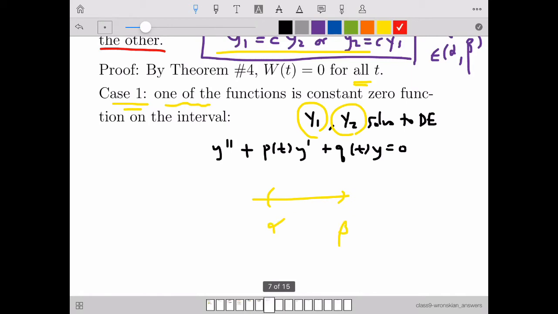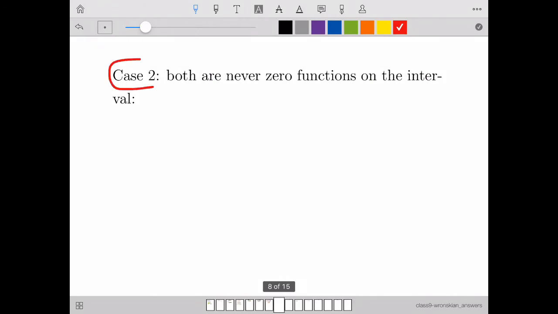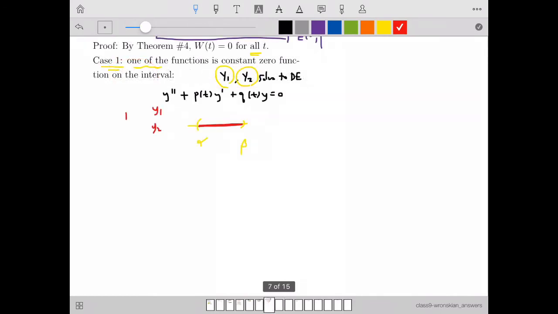Case 2, both are never 0. They never cross the x-axis.